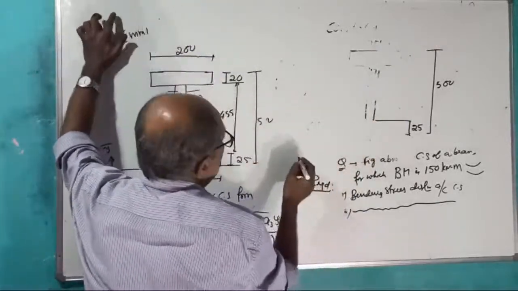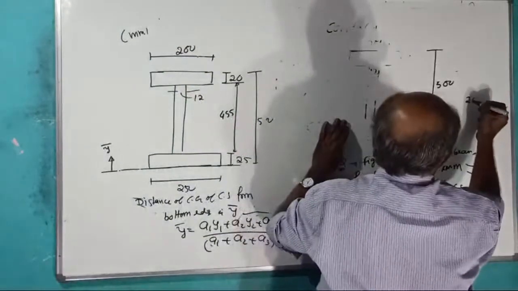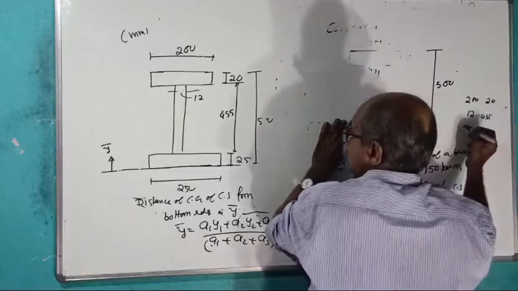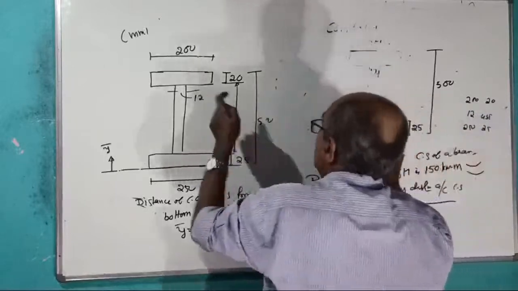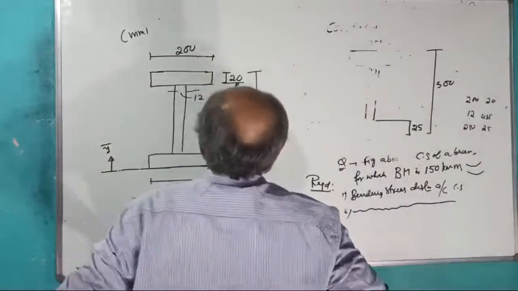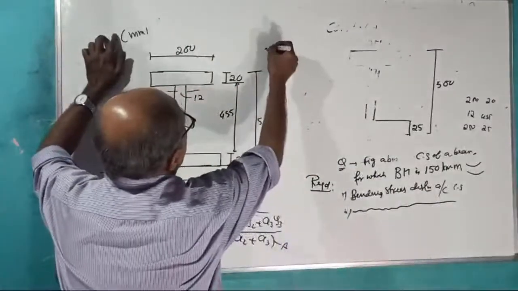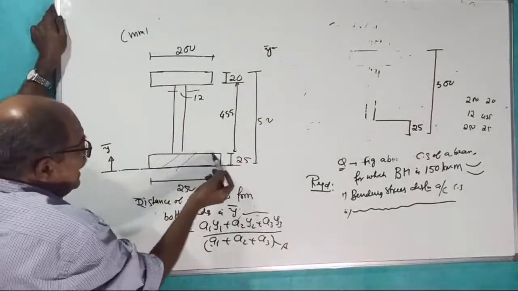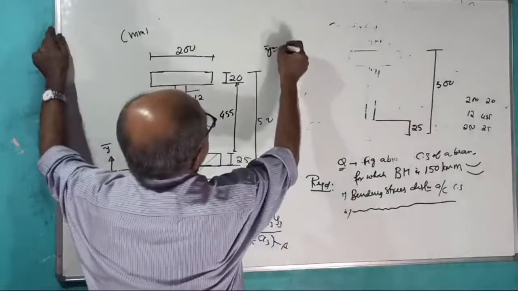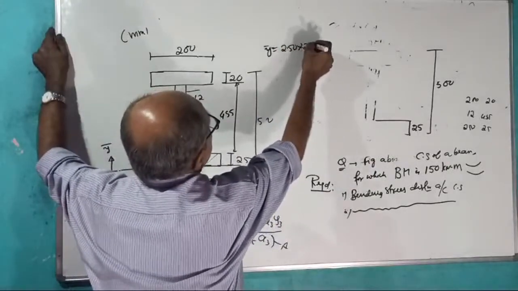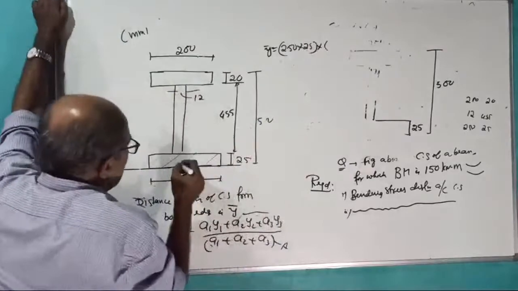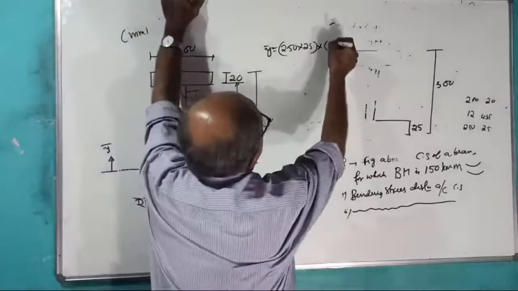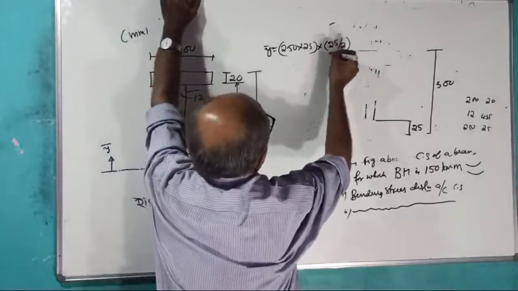I may forget later. 200 by 20, 12 by 455, 250 by 25, because I want the sketch once again for some reason. Okay, start. Therefore y bar equal to, start here, any one area of this rectangle, 250 by 25, into the distance of its center of gravity from here, this distance 25 by 2. I will not ask you clear or not clear.